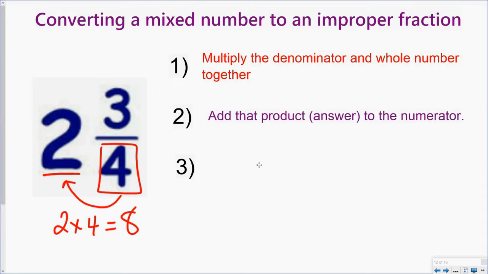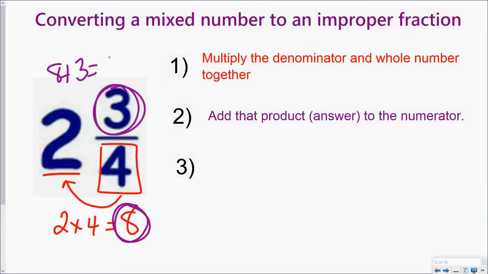Then my next step is to add the product, or the answer that I just got, and the numerator. So I'm going to take this 8 and add it to my numerator. So 8 plus 3 will give me a total of 11.